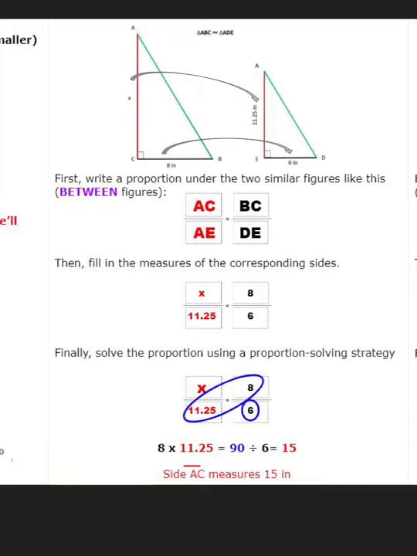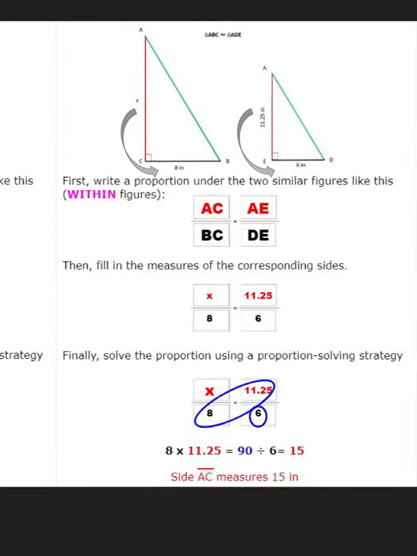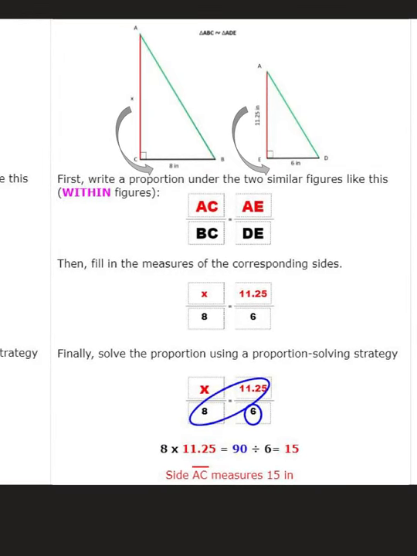So continuing on, same figures, but now within. Big red over big black, small red over small black, set up the proportion, solve the proportion, and still you get 15 for your missing side length.